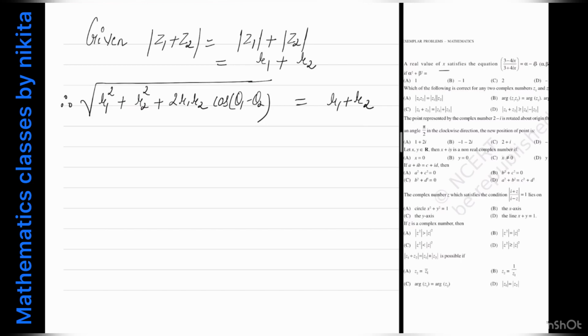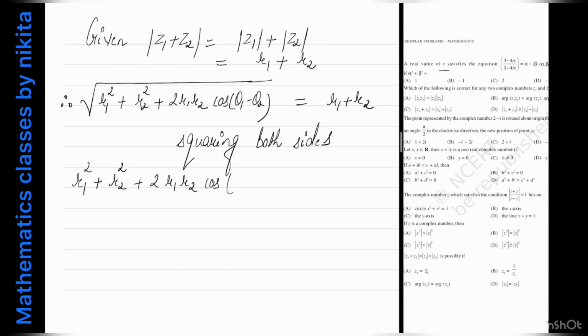Now square both the sides, so I will write squaring both sides. So what you will get is r1 square plus r2 square plus 2 r1 r2 cos of theta 1 minus theta 2 is equal to r1 plus r2 whole square, which is equal to r1 square plus r2 square plus 2 r1 r2.